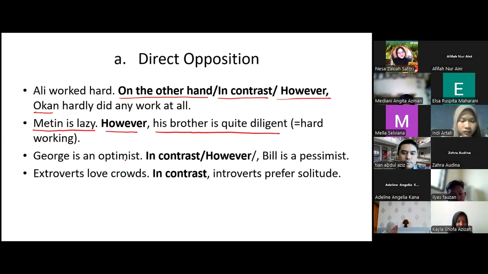Next, Adeline. Extroverts love crowds. In contrast, introverts prefer solitude. Solitude is a quiet situation, loneliness. This is the character of the introvert. There are two different ideas here for extrovert and introvert, and we use in contrast to join these sentences.